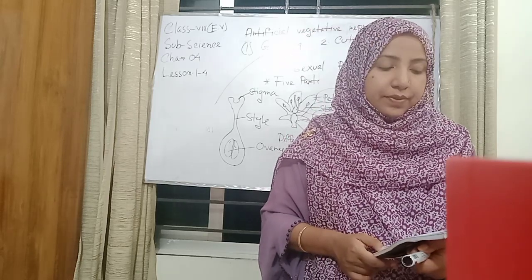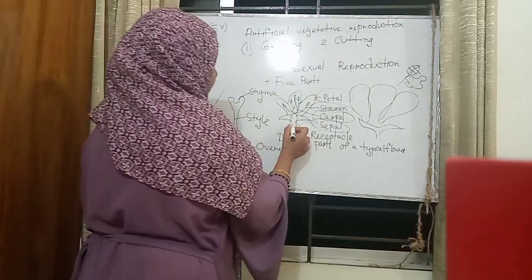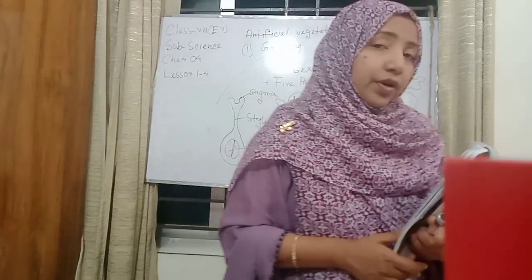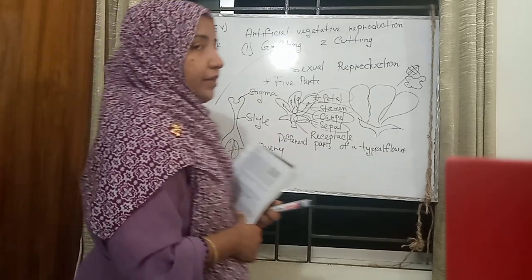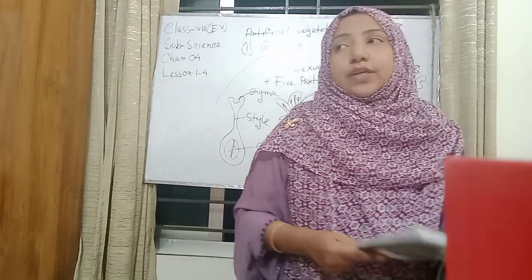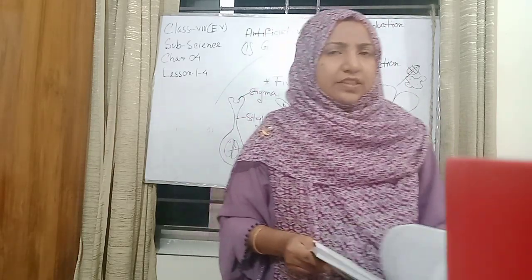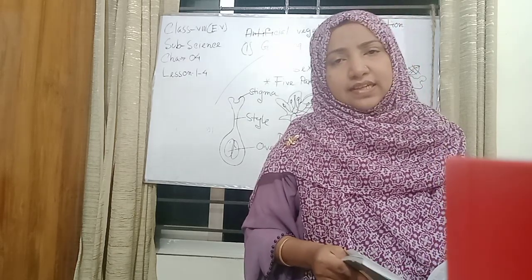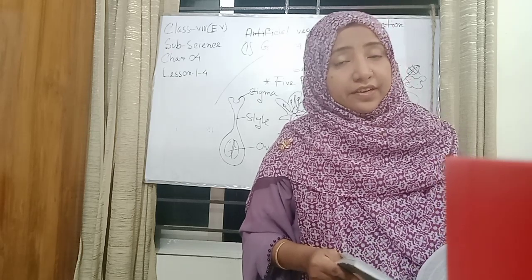Again, I repeat, sepals and petals are the accessory whorls, and the gynoecium and androecium are the main whorls of a flower. My dear students, this is a very important topic for your exam. Please learn these topics very carefully and attentively.